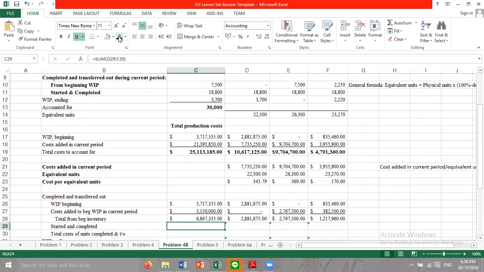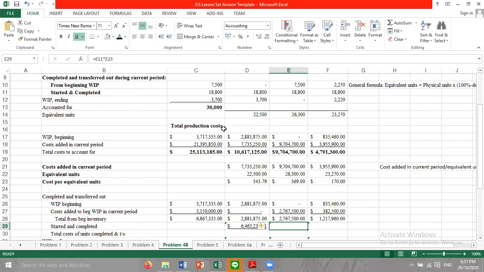Then next, we need to find the cost allocated to started and completed, since we classify WIP beginning and started and completed differently in the FIFO method. Same approach: 343.79 multiplied by 18,800 gets 6,463,000.